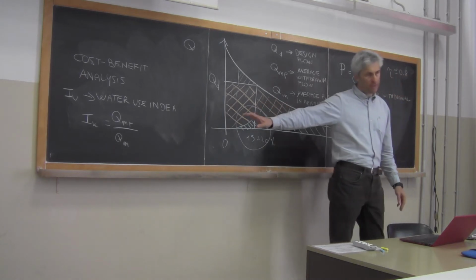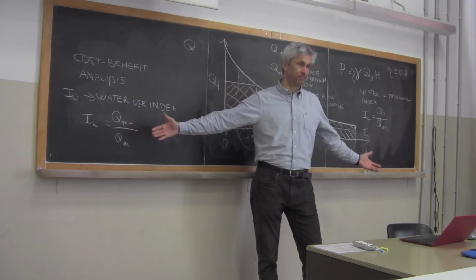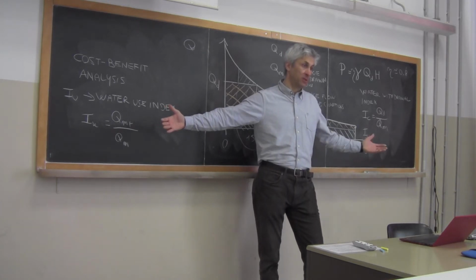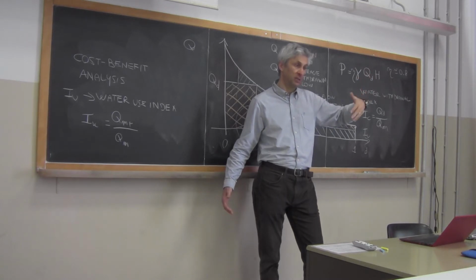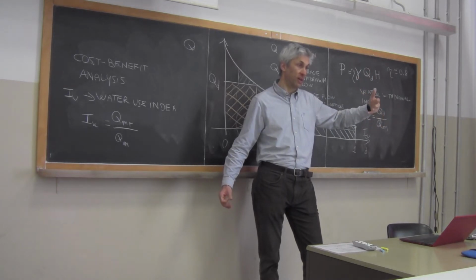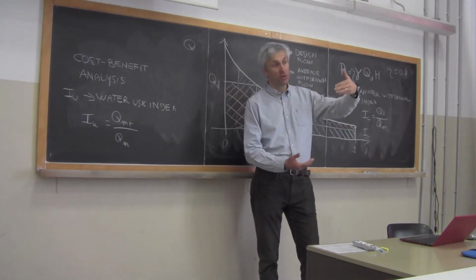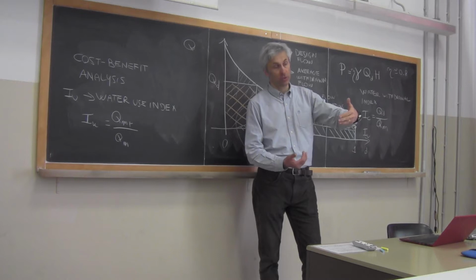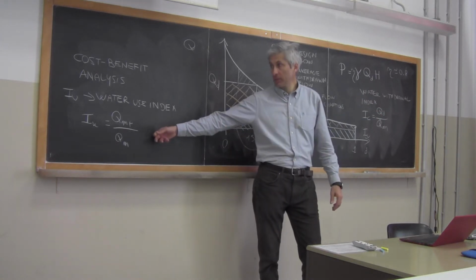And this is usually lower than 1, of course, because you cannot get an average flow that is higher than the average available flow. You cannot get a higher volume of water with respect to the volume of water that is available. So this is always lower than 1.